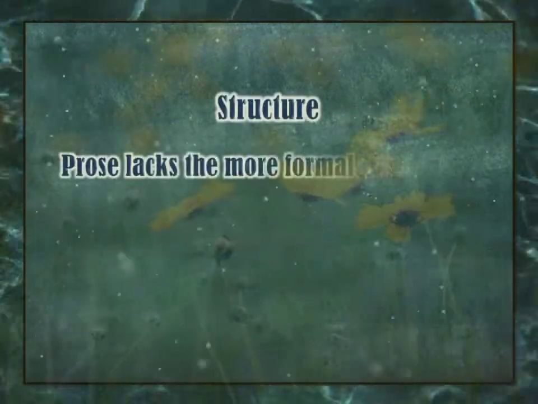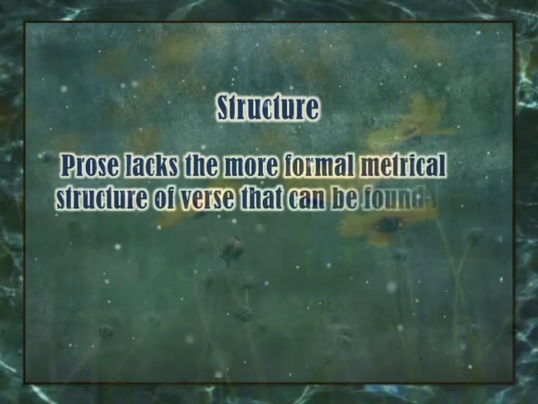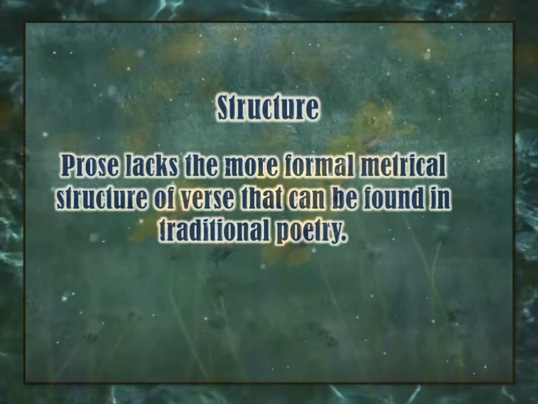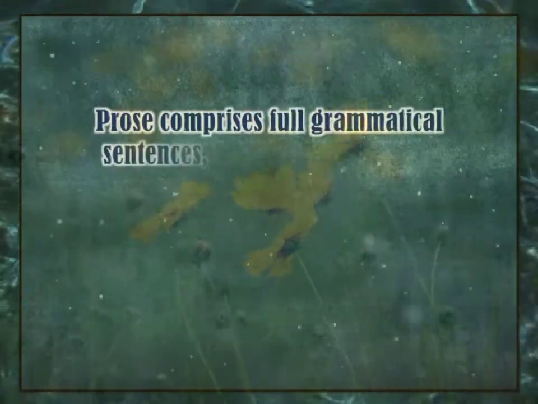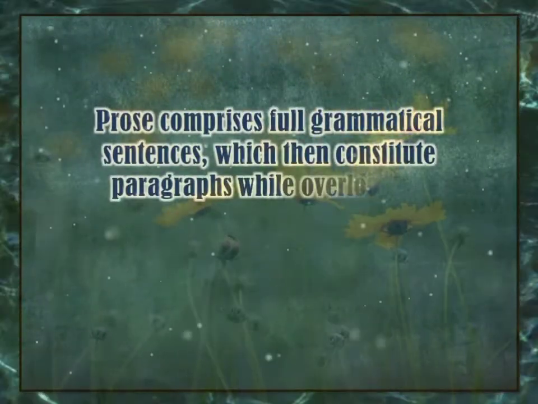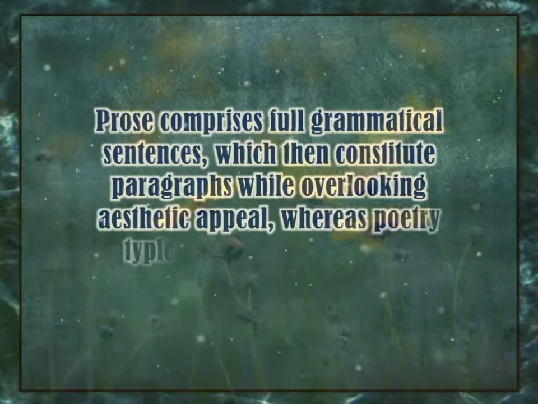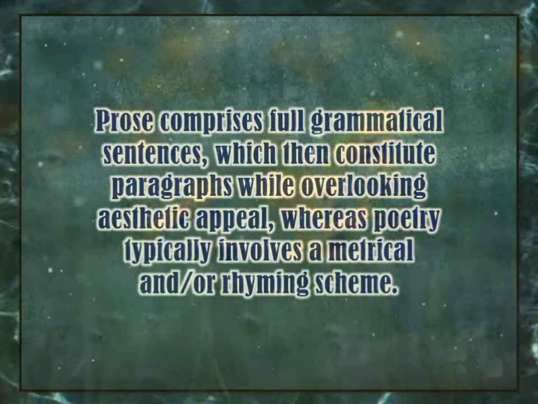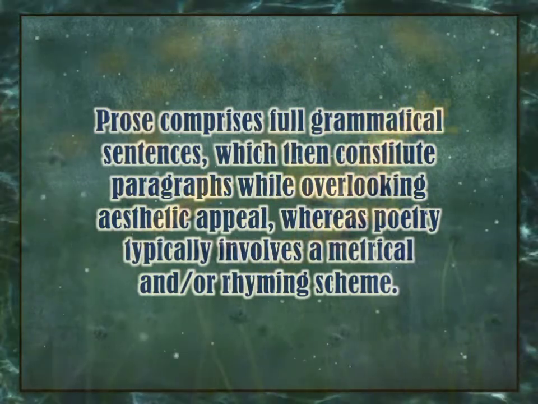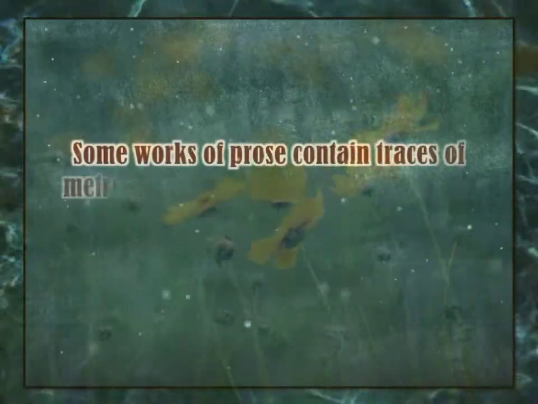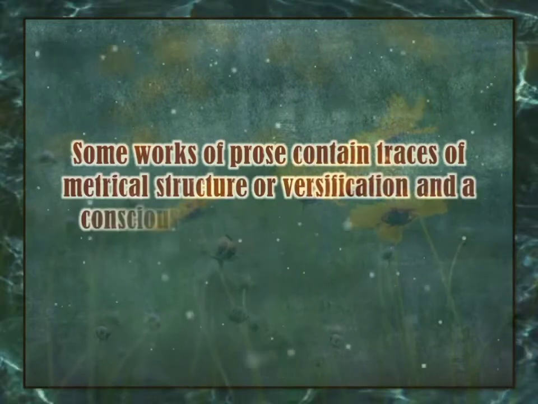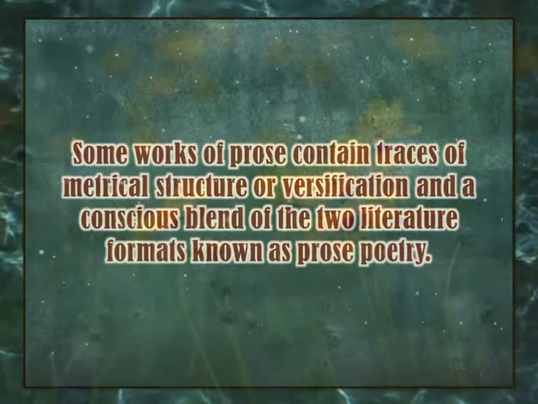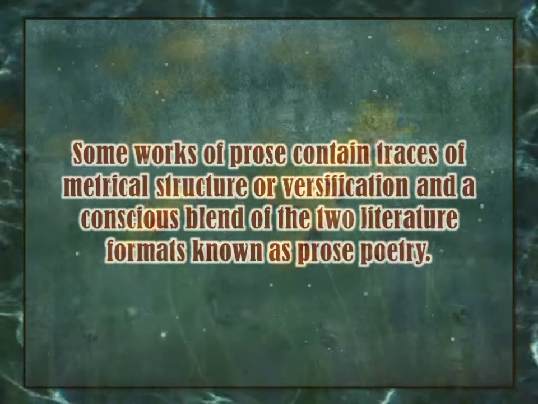Structure. Prose lacks the more formal metrical structure of verse that can be found in traditional poetry. Prose comprises full grammatical sentences, which then constitute paragraphs, while overlooking aesthetic appeal, whereas poetry typically involves a metrical and/or rhyming scheme. Some works of prose contain traces of metrical structure, or versification, and a conscious blend of the two literature formats, known as prose poetry.